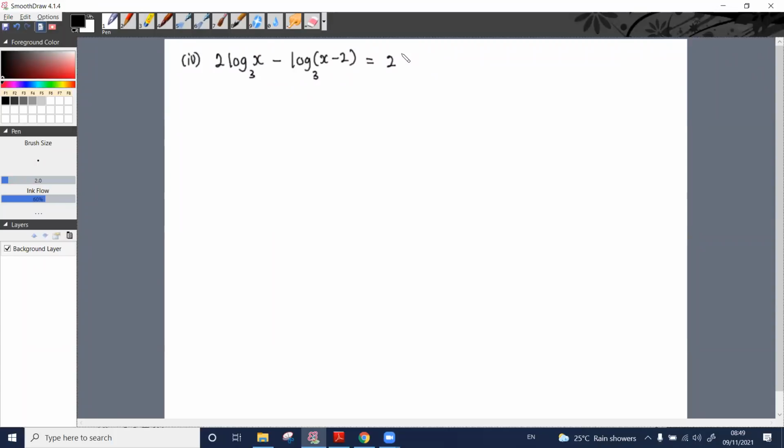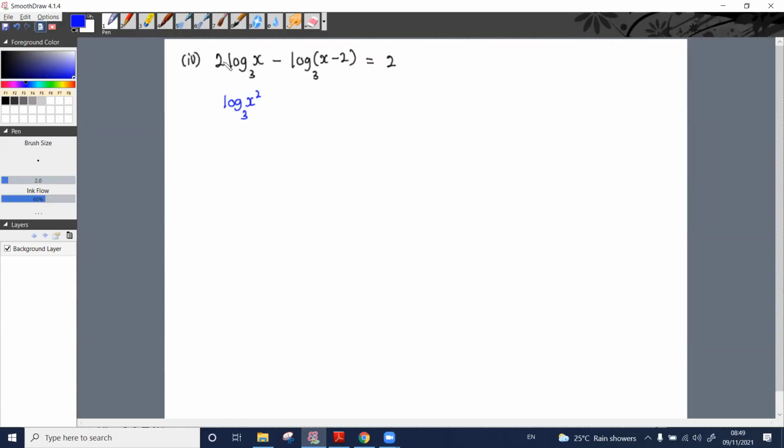How can we solve this one? See, here if I take the first term, using the rules of logarithm we should be able to represent the same like this: log of x squared to the base 3.